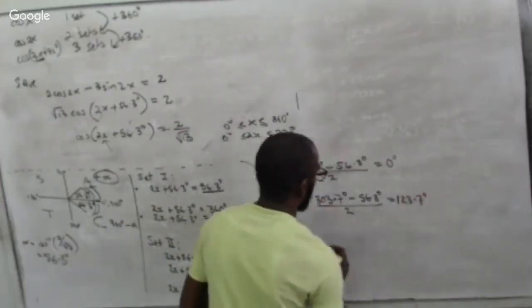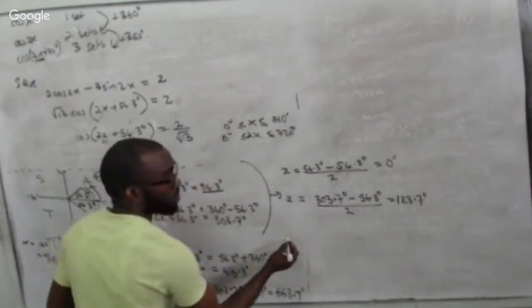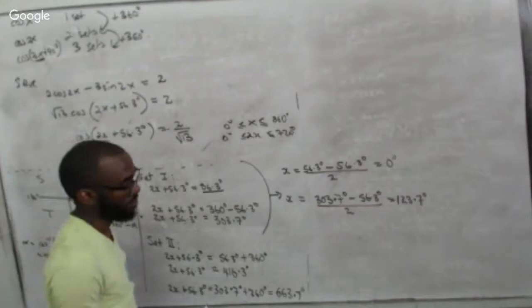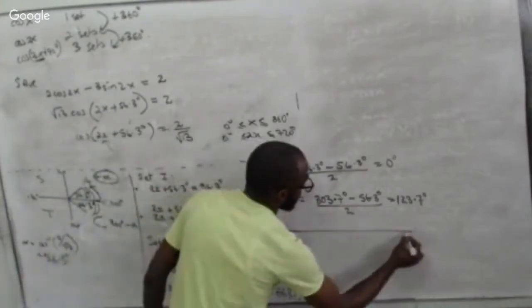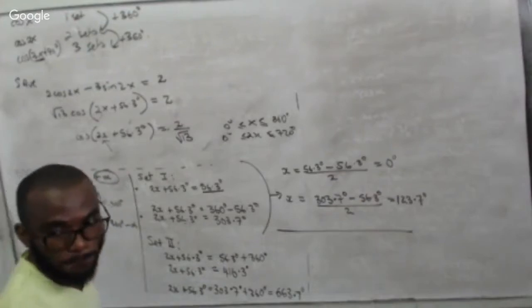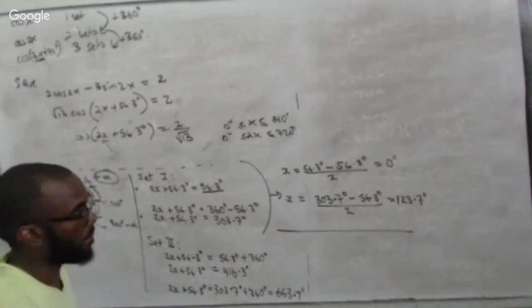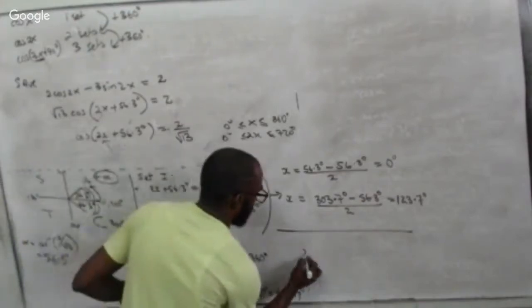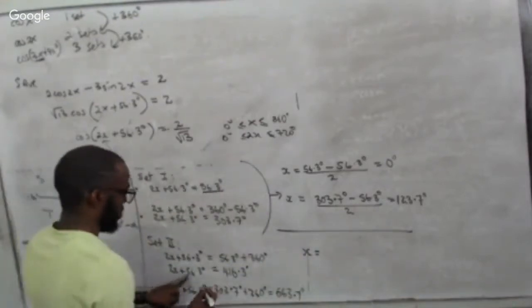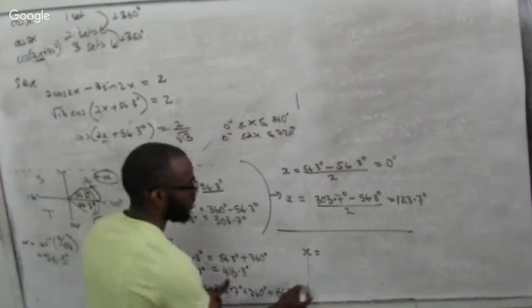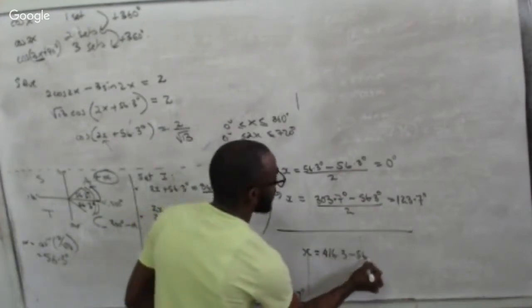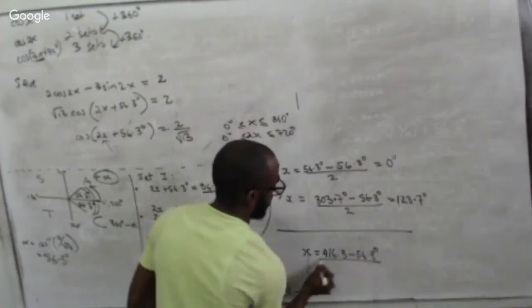Somebody verify your answer. Yes? Good. And x equal to, again, 416.3 minus 56.3 all over 2.